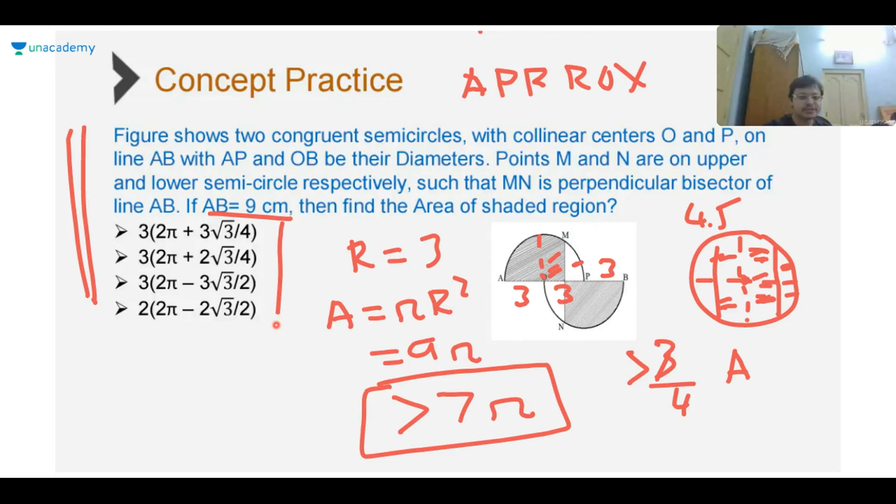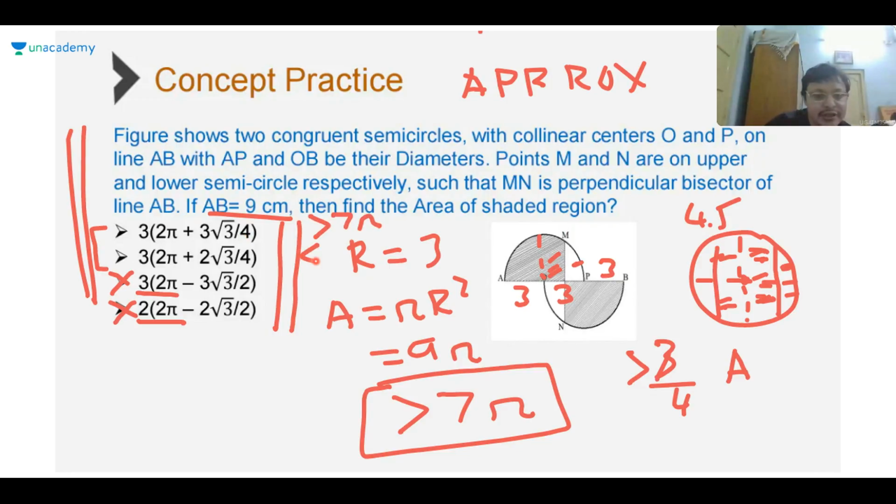Now look at the options. Which of the options are greater than 7 pi? Option C is saying 6 pi minus something. Option D is saying 4 pi minus something. So I'm left with two options here. So I calculate the two options. The first option is greater than 7 pi.